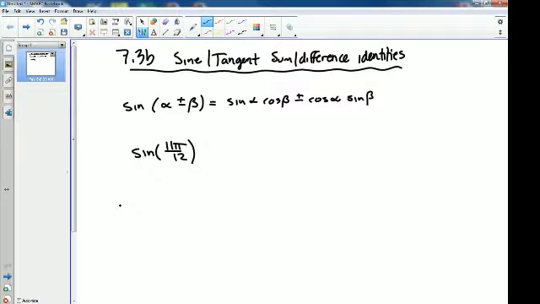Okay, you do the same thing we would do with cosine. Again, 5 pi over 12 and 6 pi over 12. 11 pi over 12 is right here, correct? It's almost 1 pi. 11 twelfths. What are these values?